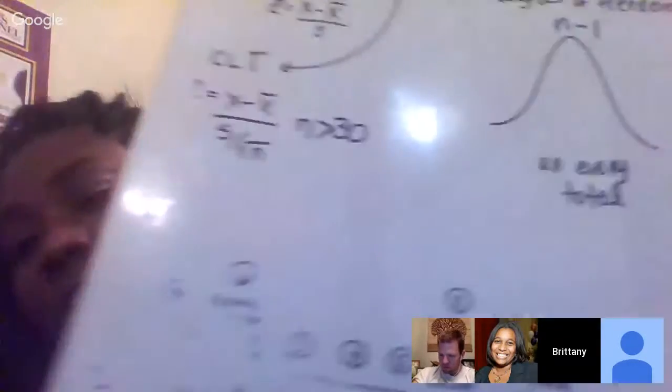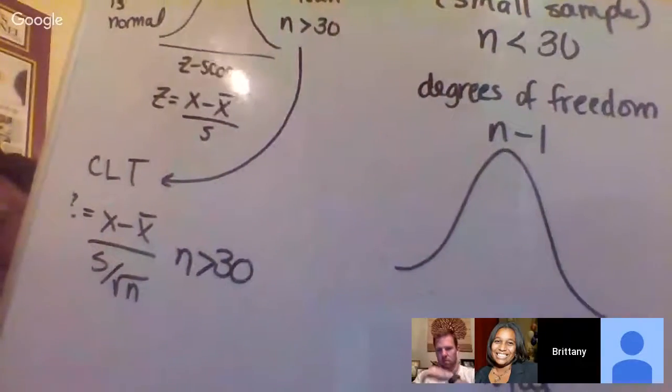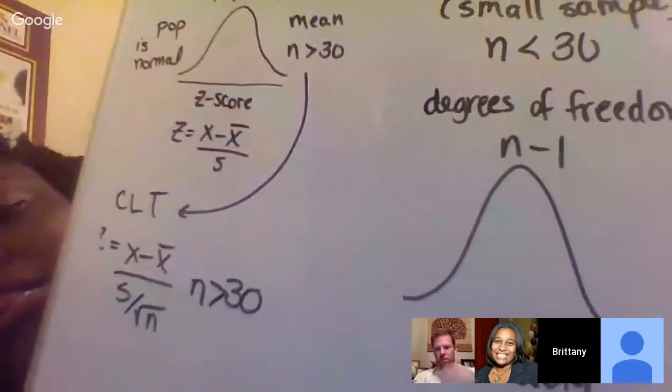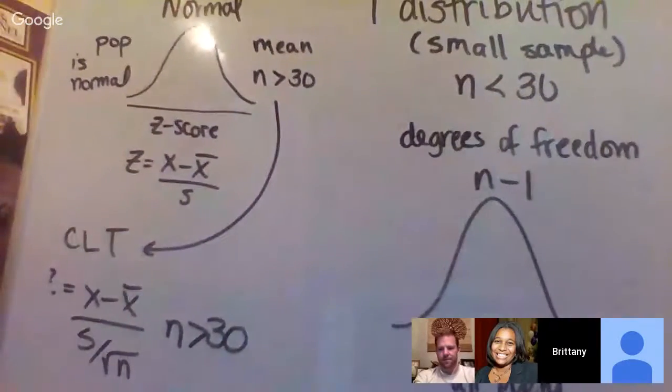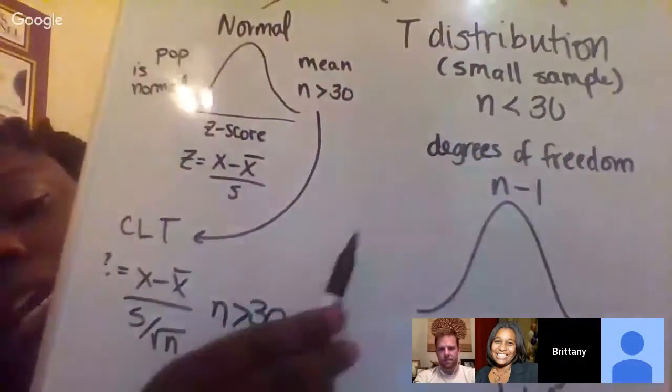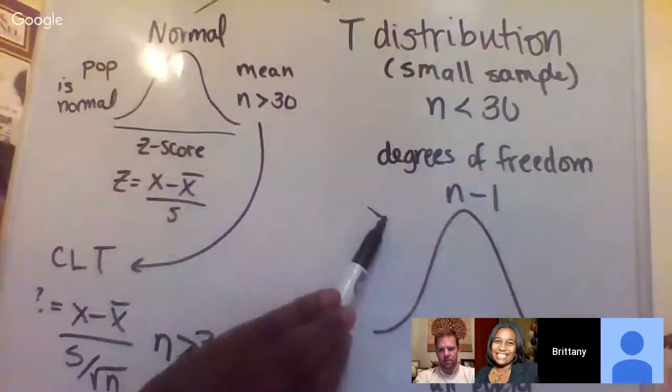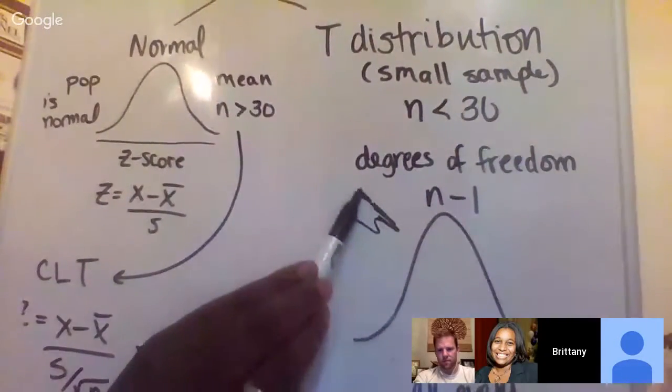The T distribution is also symmetric and bell-shaped. The only difference is that the T distribution depends on the degrees of freedom. The T distribution actually changes shape based on how many data values are in your sample.